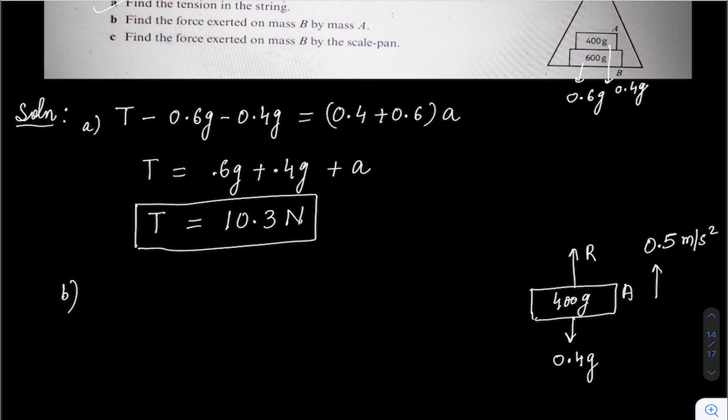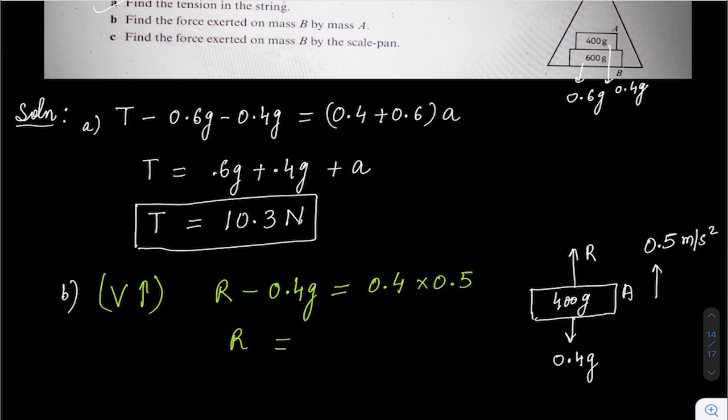Now let's write the equation. Its acceleration is upward, so let's take the upward direction as positive. We are considering vertical motion upwards. So the net force is R minus 0.4 g, which is equal to mass, 0.4, into acceleration, 0.5.